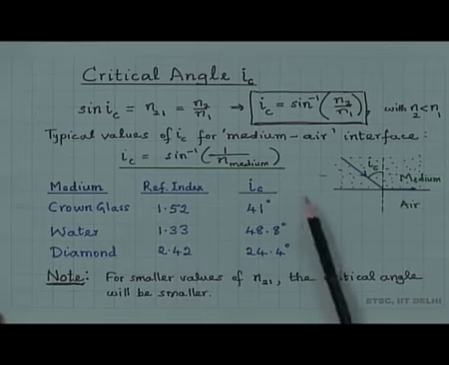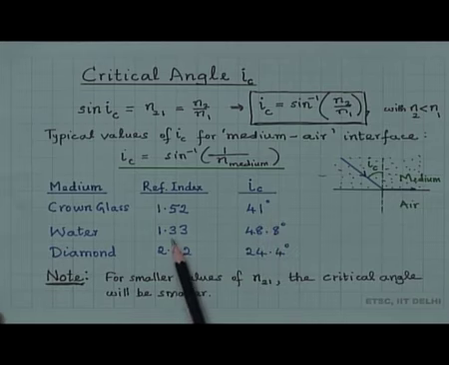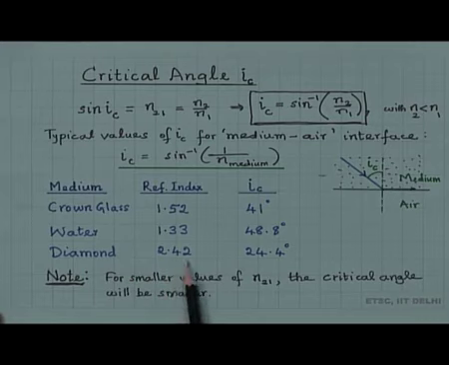The corresponding IC calculated from here is approximately 41 degrees. For water with refractive index 1.33, the critical angle is 48.8 degrees, and for diamond with a refractive index of 2.42, the critical angle is 24.4 degrees.